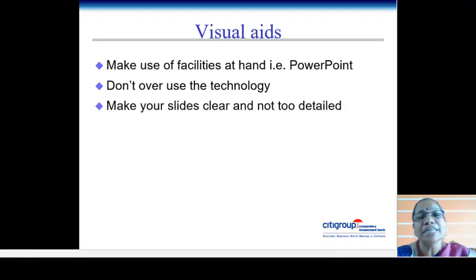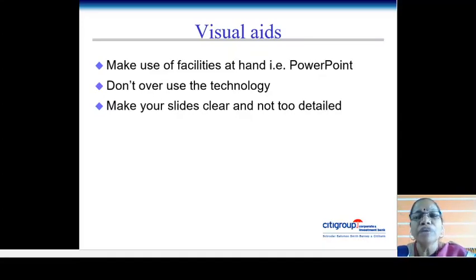Make your slides clear and not too detailed. This is very, very important. Whenever we take PowerPoint presentations for PG students, we have to give this suggestion each and every time, because most presenters put too much data on one slide. It is not needed.